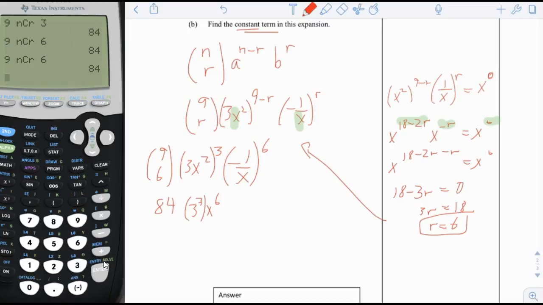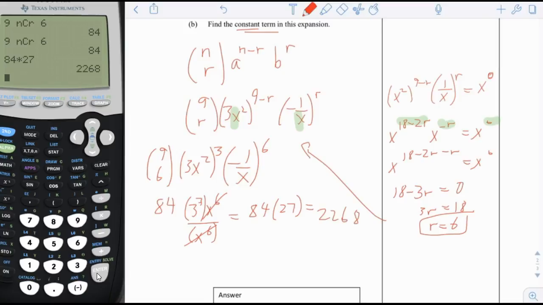So basically, in the denominator, we're going to have just x to the 6th, right? And do you see how x to the 6th cancels twice? And so you've really confirmed that it's really a constant term. And then 84 times 27 is 2268.